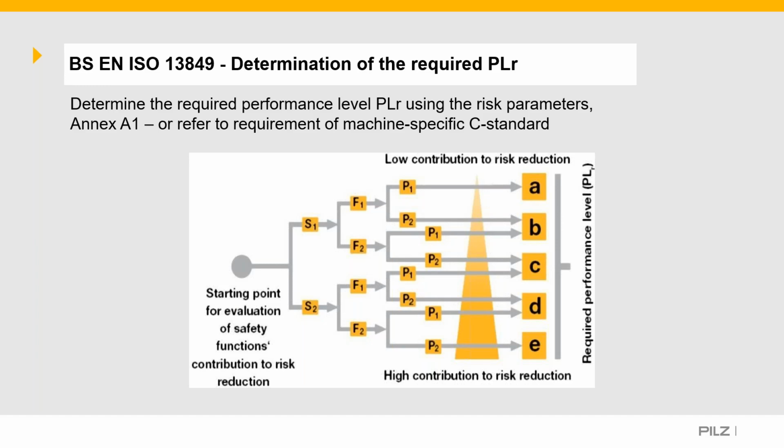In this case, we're going to say F1. And then we have to look at the possibility of avoiding the hazard or limiting the harm. P1 is possible under specific conditions, and P2 is scarcely possible. In this case, we'll say P2, and that would give us an overall performance level of D.